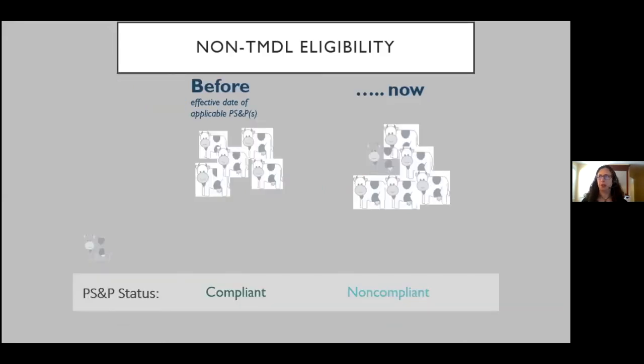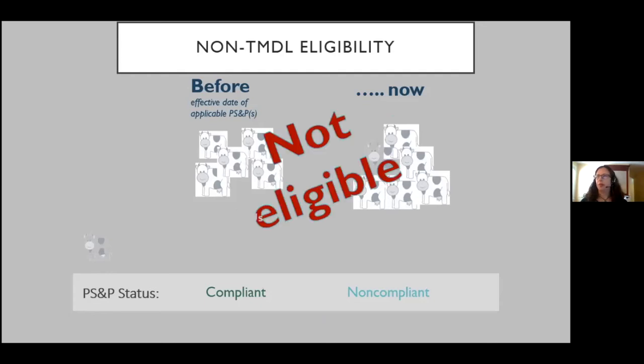So we'll add some more information. Now we have here the performance standard status. So before the effective date, it was compliant, and now it is non-compliant. In this example, the project is not eligible, even though the site existed at the time the performance standard went into effect.